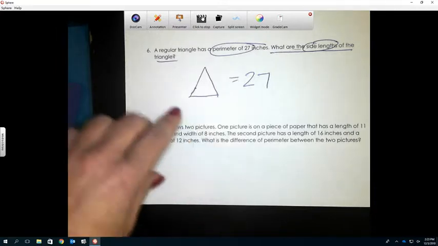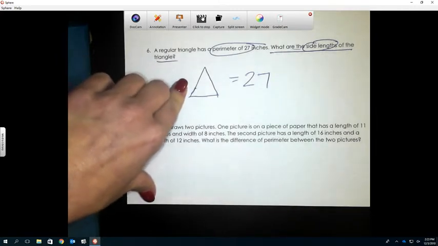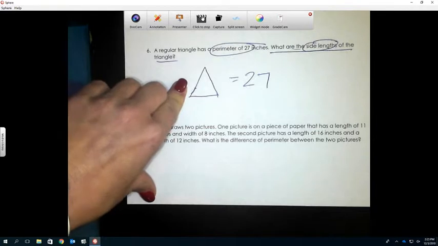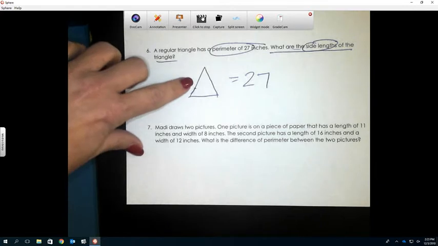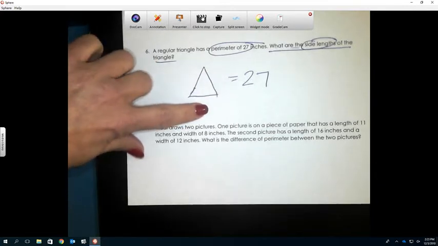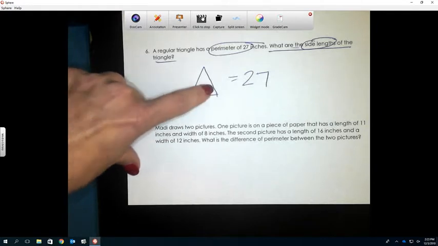I mean, divide 27 into 3. 27 divided by 3. Okay, that's a great way to do it. You could do 27 divided by 3 because there are 3 sides. But if you don't know that division fast, you're going to have to start testing things out. What if I said this was 6? 6 plus 6 plus 6, because remember I said it's a regular triangle, so they all have to be equal. Would that equal 27? 6, 6, and 6, what would that equal?